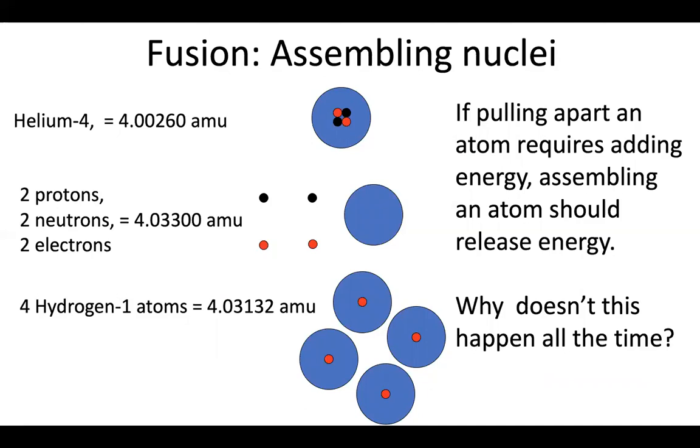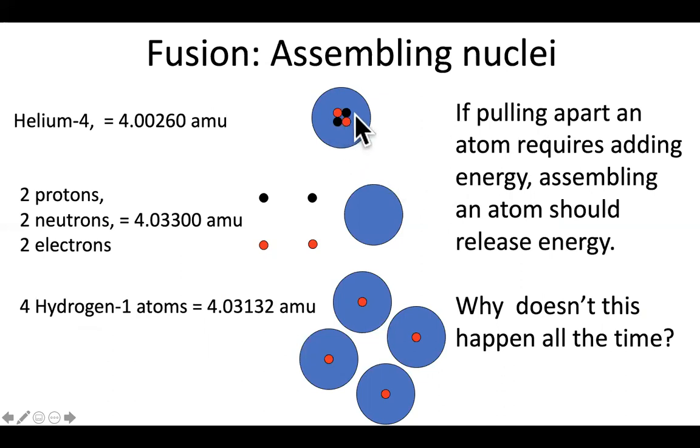If you thought about this for a minute, you might go, but wait a minute. That means if I take protons, neutrons, and electrons and assemble them into a helium nucleus, that reduces the mass, that should release energy. That's something that could just happen. Now, you would notice, oh wait, but neutrons are not stable, isolated particles. They tend to turn into protons. But you could still imagine, what if I took 4 hydrogen atoms and tried to stick them together to form a helium nucleus?